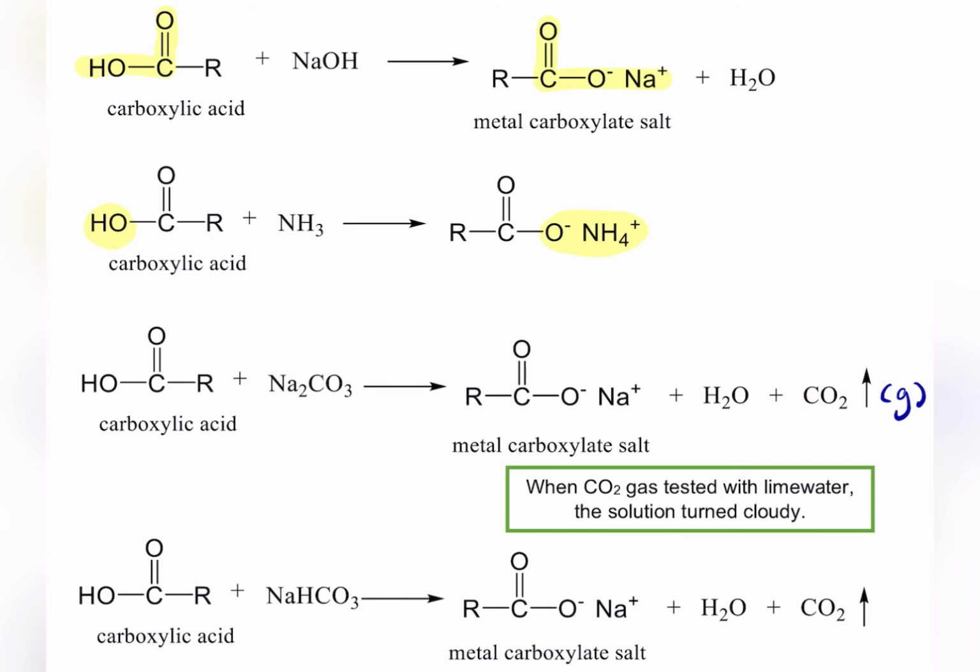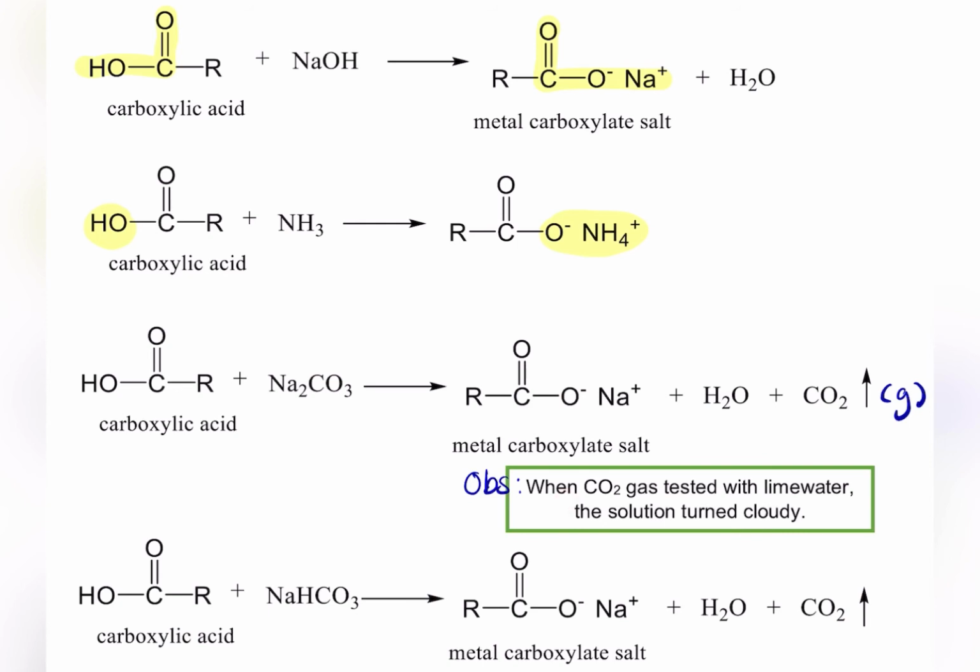Same goes for sodium bicarbonate. You have NaHCO3. You will form metal carboxylate salt plus H2O plus CO2. And don't forget to balance your equation. But for this case, everything is already balanced. So if you see here, I put a bit of observation for the reaction when you have acid reacts with sodium carbonate or sodium bicarbonate.